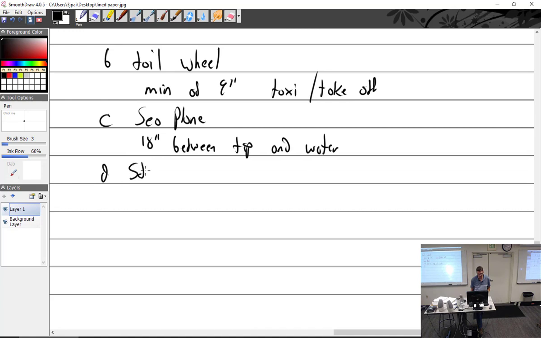Structural clearances. So 1 inch radially between tip and airplane.